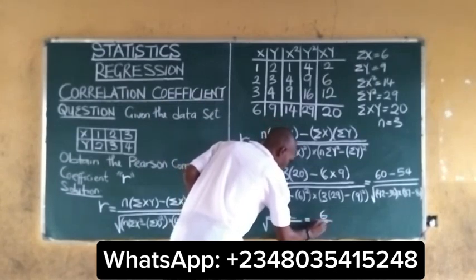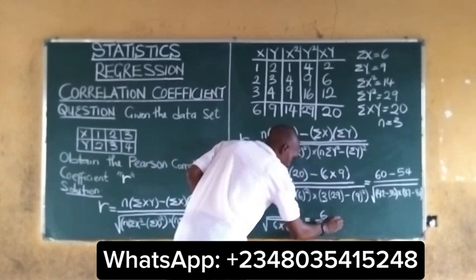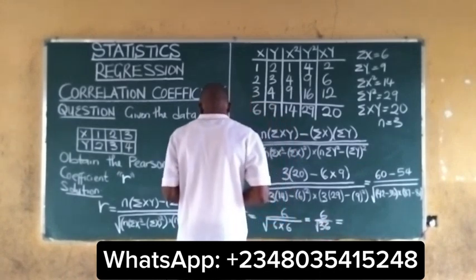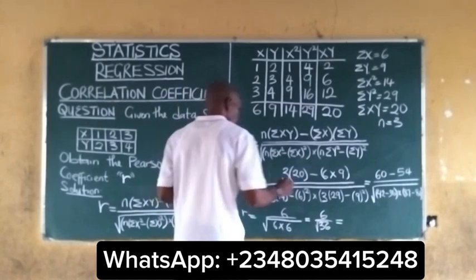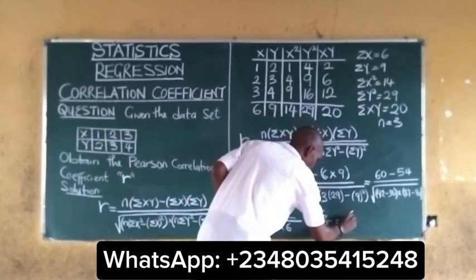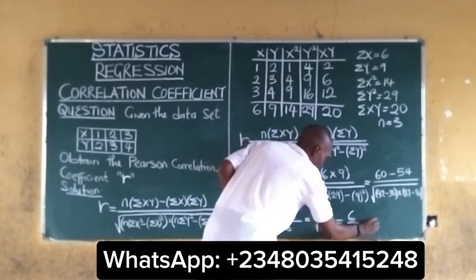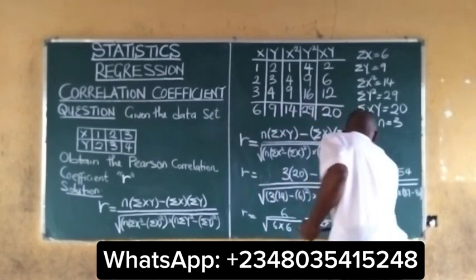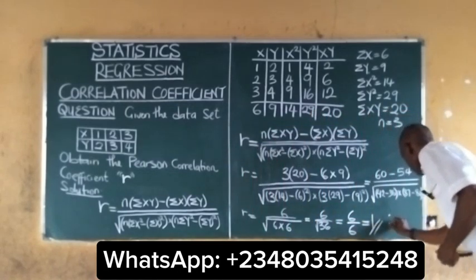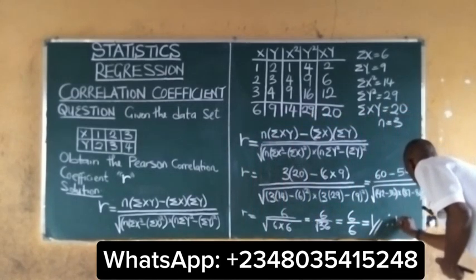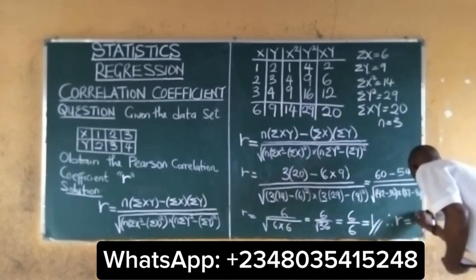The square root of 36 is 6. So it means 6 all over 6, which is equal to 1. Therefore, our r is equal to 1.